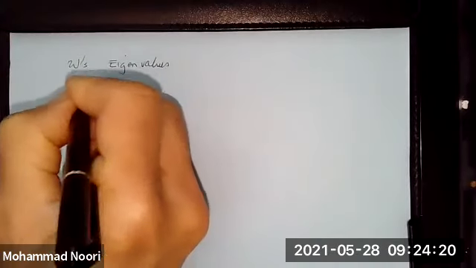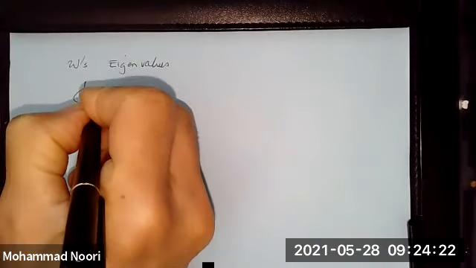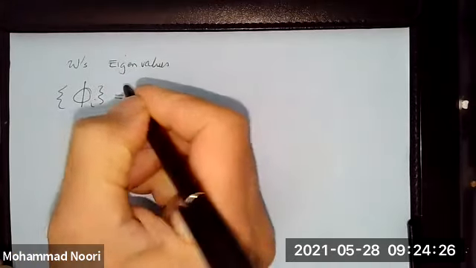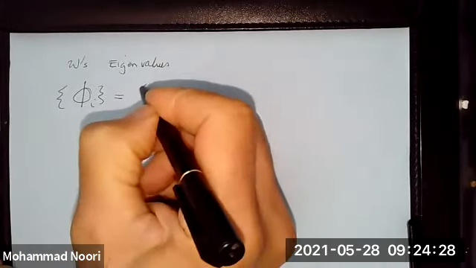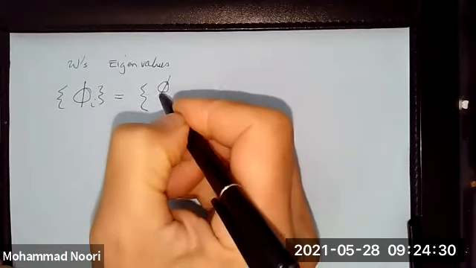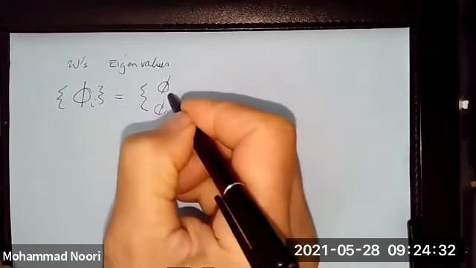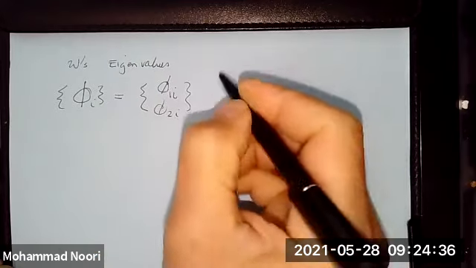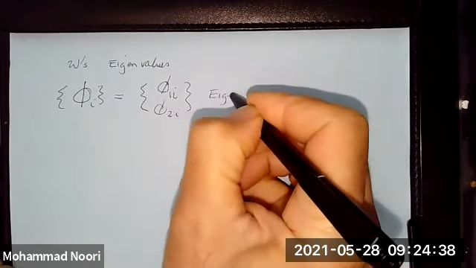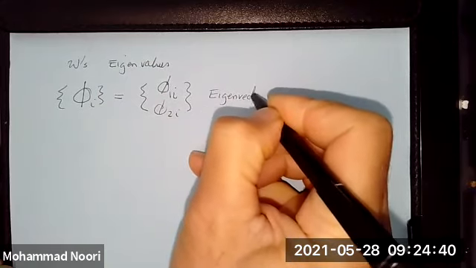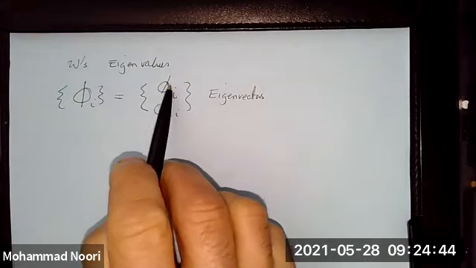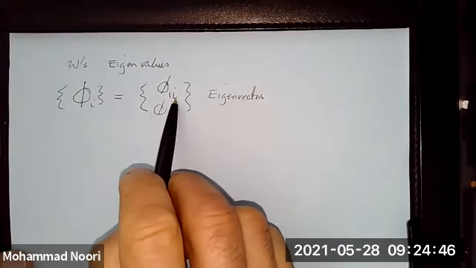And this vector that you want to find for each degree of freedom was called eigenvectors. These are those A1 and A2 corresponding to each frequency.